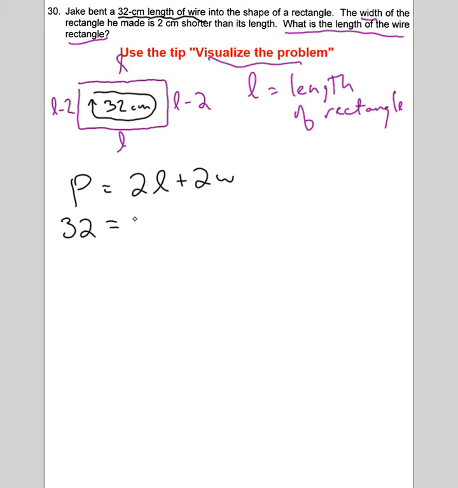And I'm going to say 2 times my length. Well, my length, let me redo that. My length, I really am using L as my variable, so I'm going to leave that like that. And then here, I didn't use W as a variable. I figured out that the width of my rectangle was L minus 2, so I'm putting that in instead of W. And that is my equation.